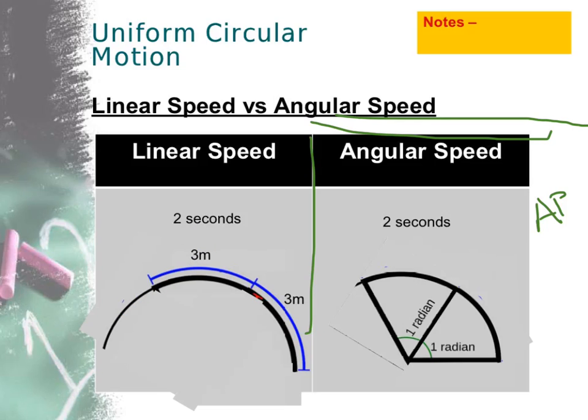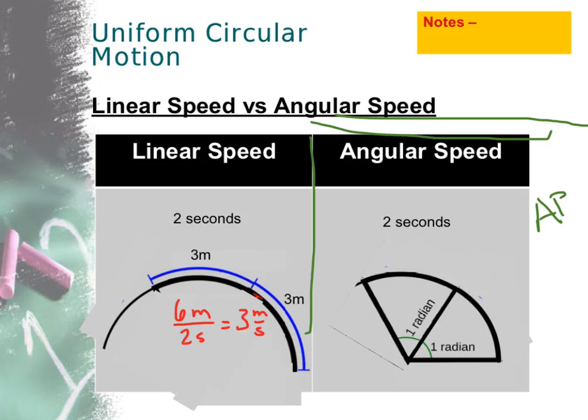So we would say that the linear speed of this object going around the circle is 3 meters per second. So we'd have 6 meters traveled in 2 seconds. That would be 3 meters per second.